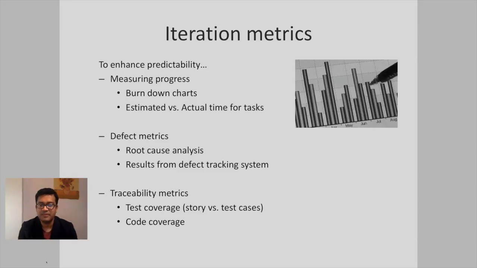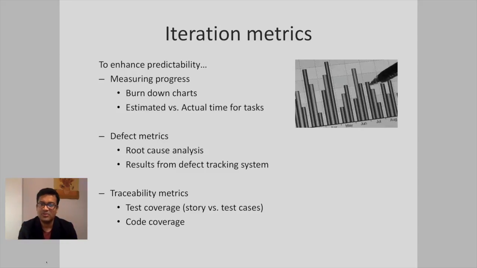There are certain kinds of metrics which are used to enhance predictability and to figure out whether you are heading in the right direction, and whether your test strategy is taking you towards the right testing goal. So we measure the progress, and in which direction it is going.